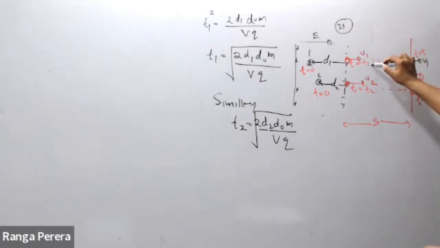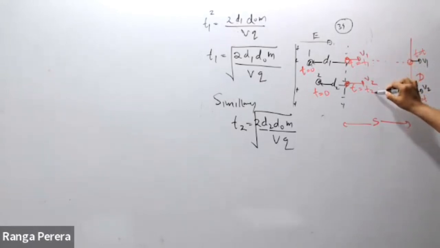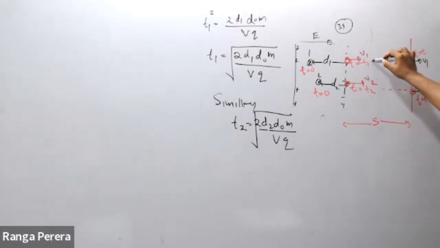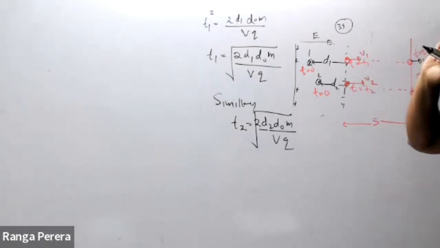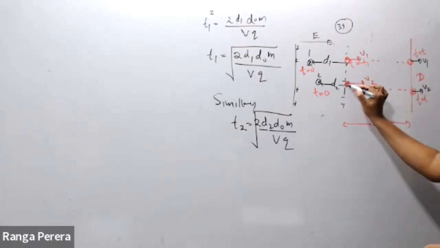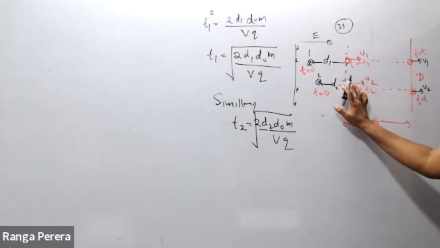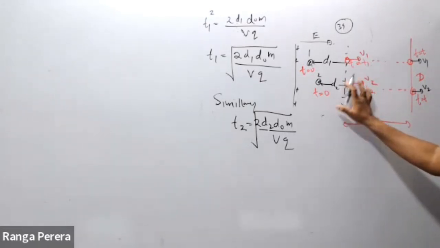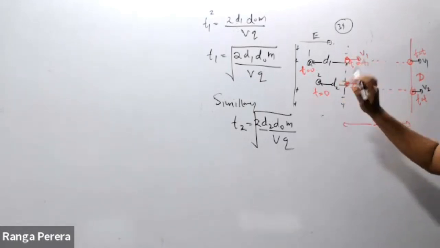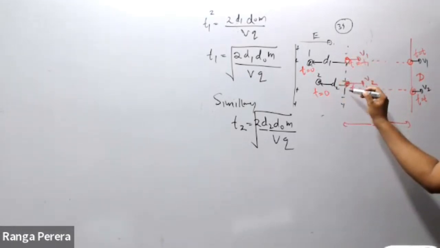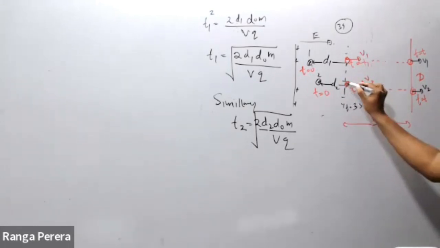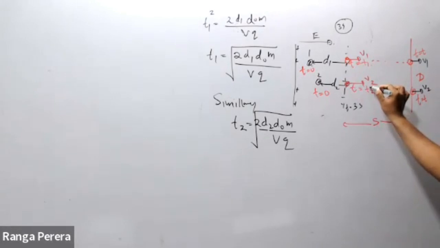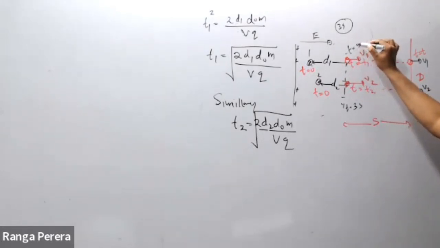Earlier we obtained that T2 is less than T1. T2 less than T1 means this object comes out from the field earlier than this one. For example, say at t equals 3 seconds it comes out of the field, but here it comes out at t equals 5 seconds.